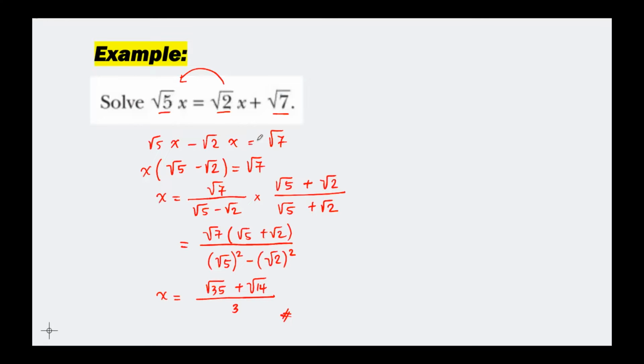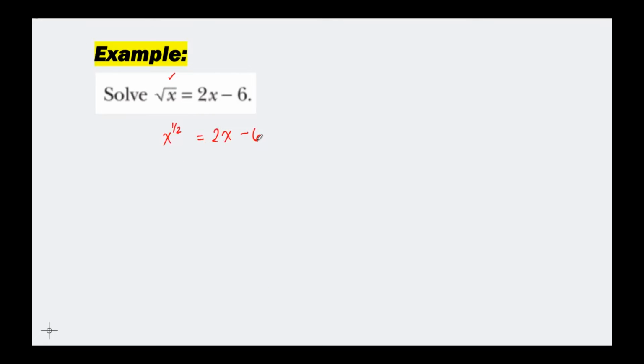Compare it to the previous example that we have, where we can easily isolate x. But for this one, we really can't. So how are we going to solve for this type of equation? Now remember that you have to recall that your x is just equal to x to the power of 1/2, squared, isn't it?